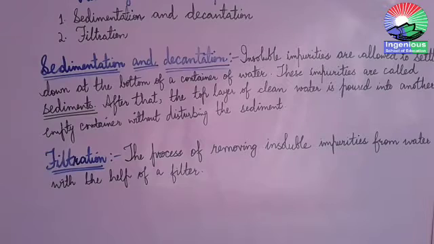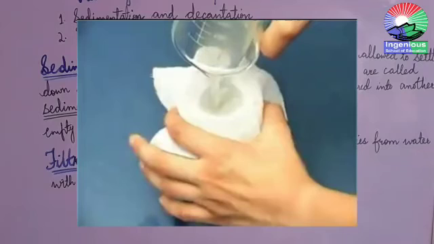After that, you will take the first beaker in which you have mixed sand and water, and you will pour the water slowly onto the cotton cloth that you have tied on the second beaker.